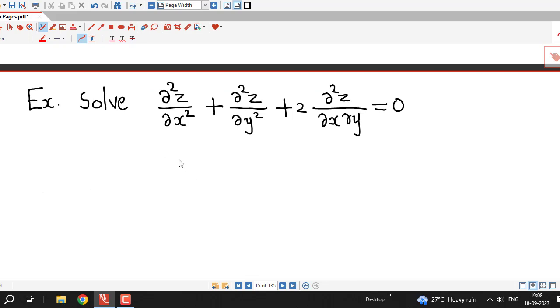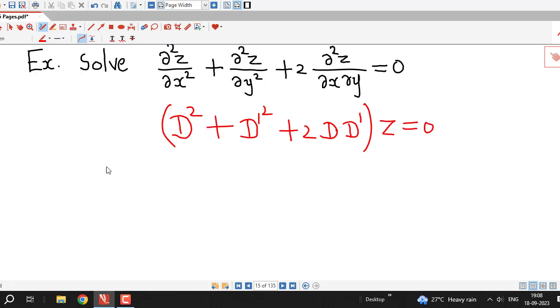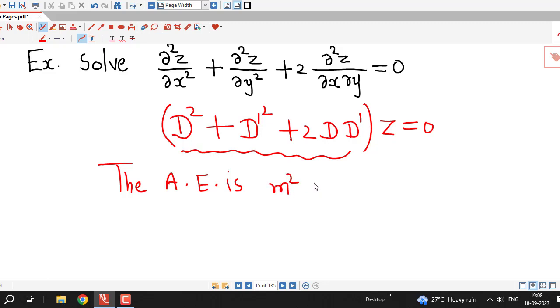I have taken another example in which I will obtain repeated roots. So first I write this equation in the form of D and D dash. This I can rewrite as D square plus D dash square plus 2 times D D dash, z equal to 0. And first I have to write down the auxiliary equation. Now we can directly write down the auxiliary equation. What we have to do is consider capital D equal to small m, D dash equal to 1.